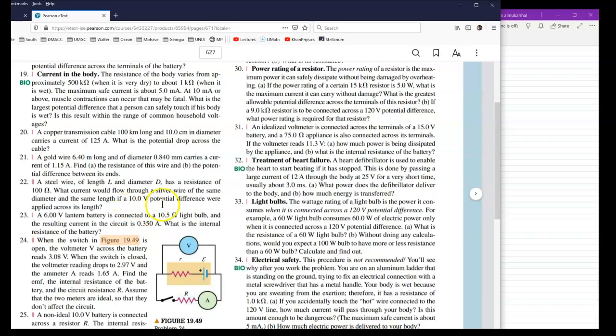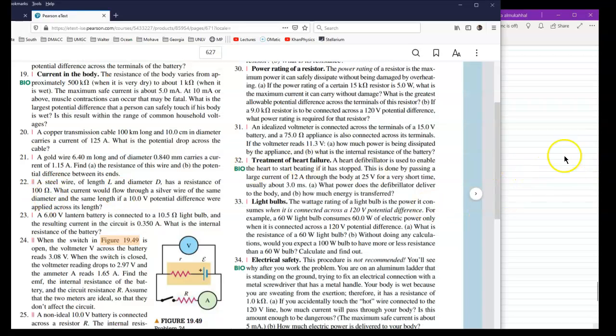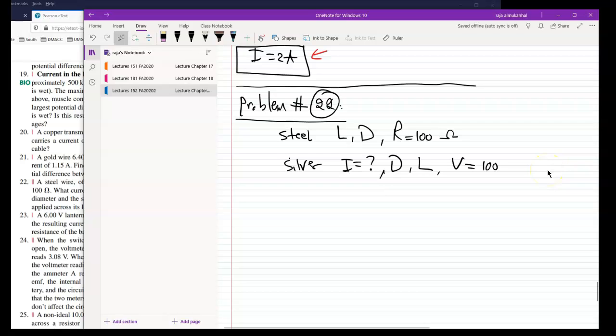If a potential difference V equal to 10 volt is applied across its length. So the voltage here is 10 volts, and he's asking what is the current through it.